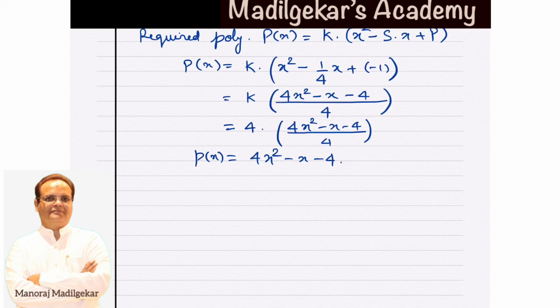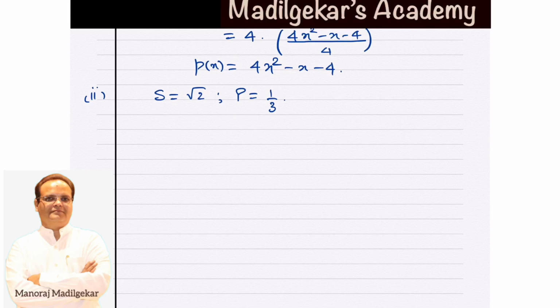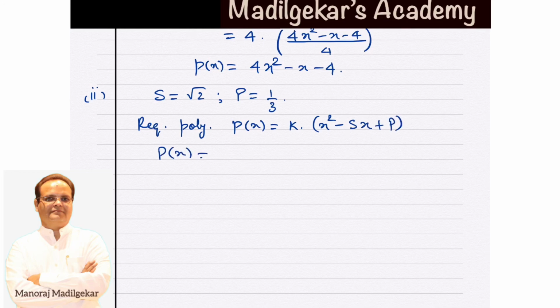Let's see the second example. In the second, the sum is given to be root 2 and product as 1 by 3. So required polynomial P of x is k into x square minus s x plus p. That is P of x equals k into x square minus root 2 x plus 1 by 3.